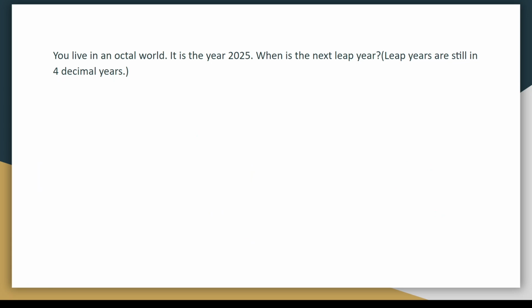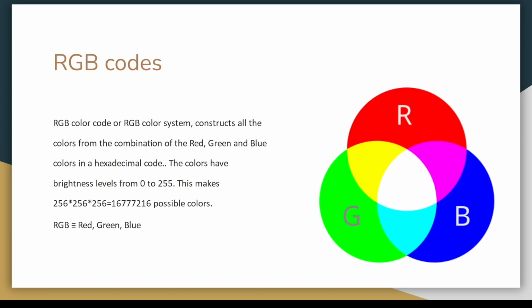So now let's move on to RGB codes. The RGB color system constructs all the colors from the combination of red, green, and blue colors in a hexadecimal code. The colors have brightness levels from 0 to 255.